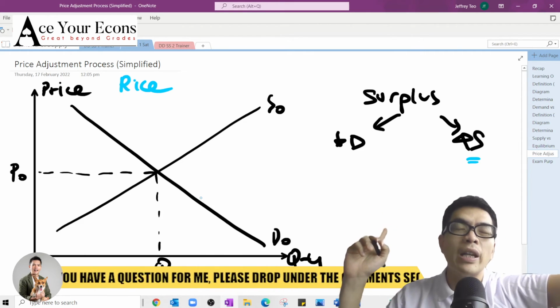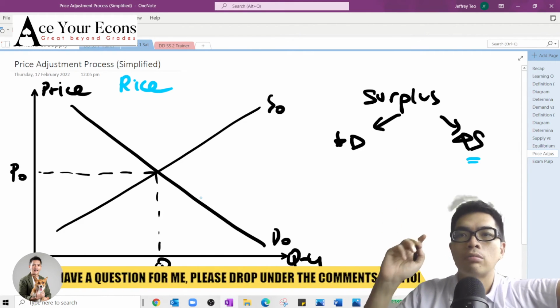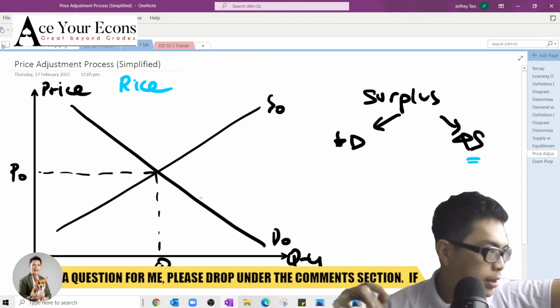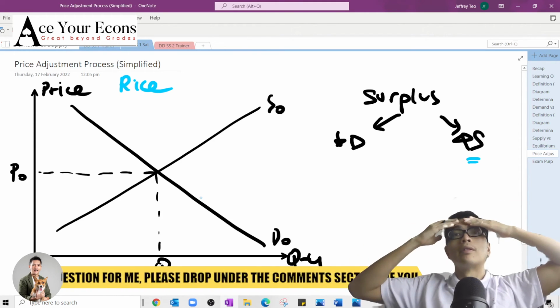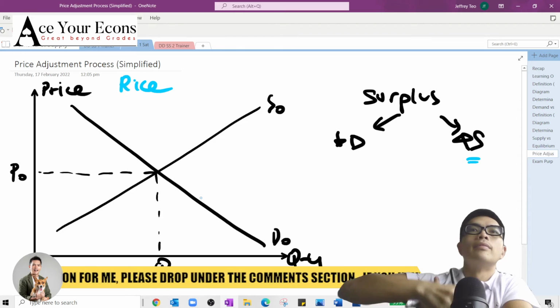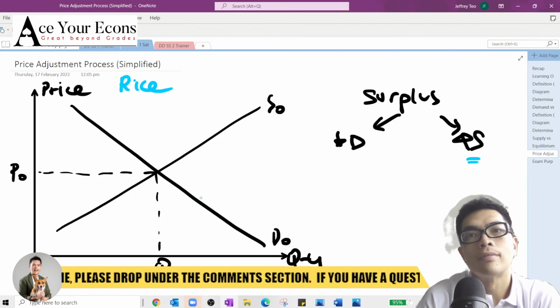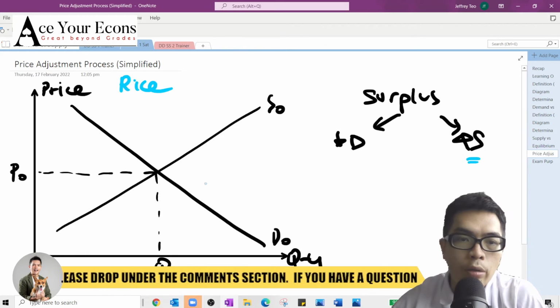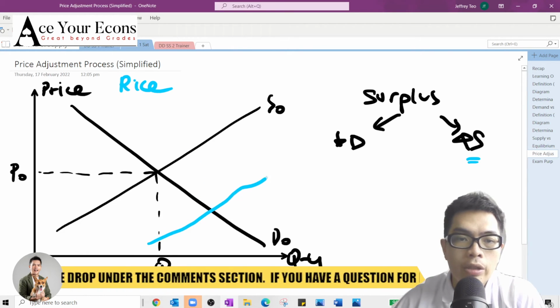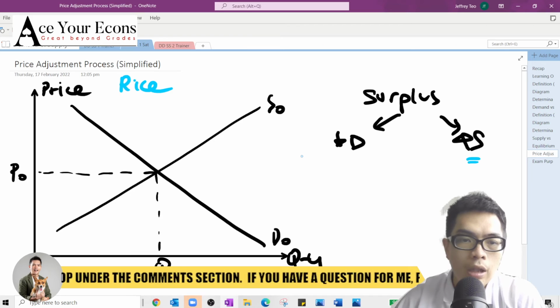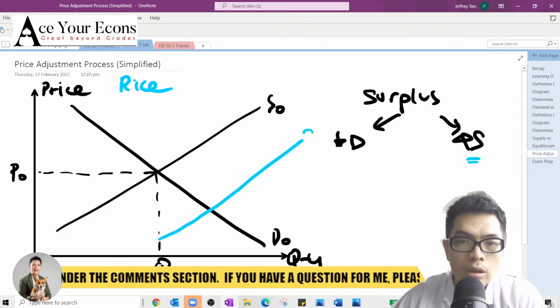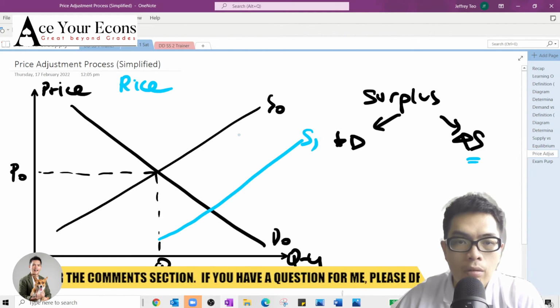Which of the WETPIGS do you think is going to work? Type out now. After this, we'll call it a day. There could be good weather, right? Good weather is going to result in a good harvest. Supply of rice is going to go up.